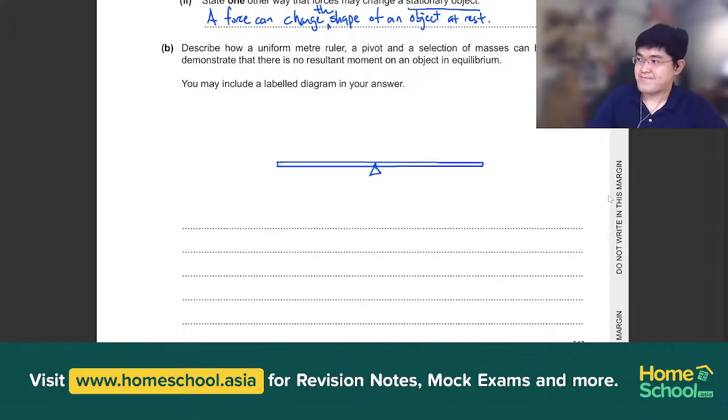All right, so firstly, we can place the ruler directly at its center of mass, which is usually about the 50 cm mark. Then to the left of the ruler, we add, let's say, a 50-gram mass right down here, 30 cm away from the center.